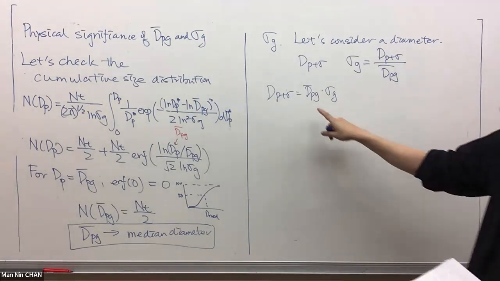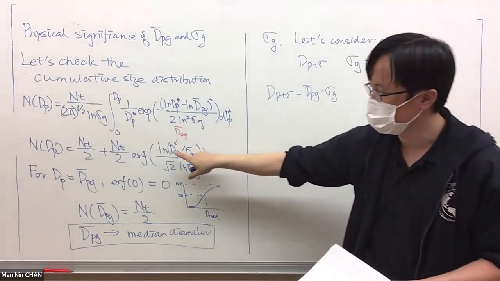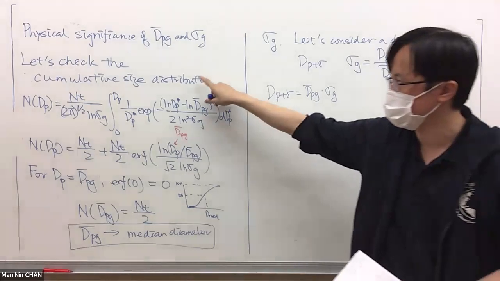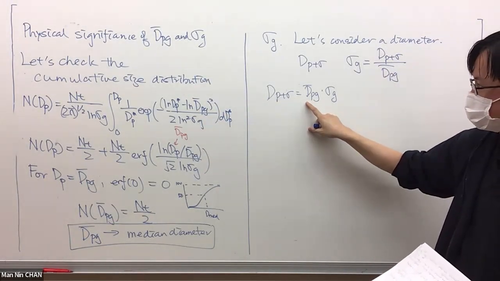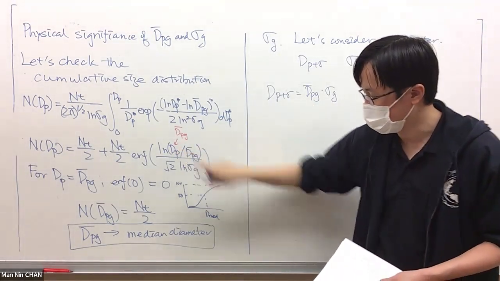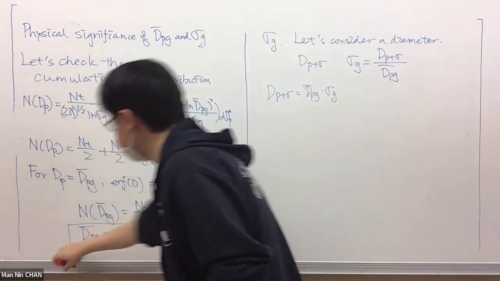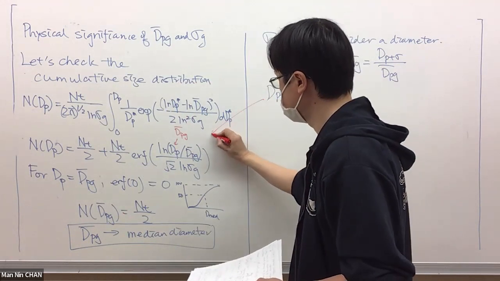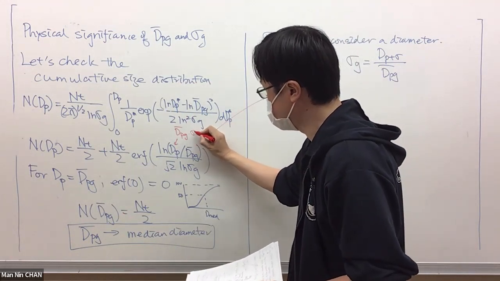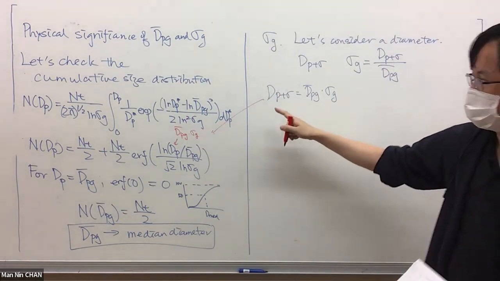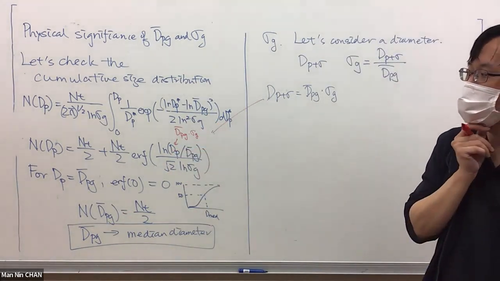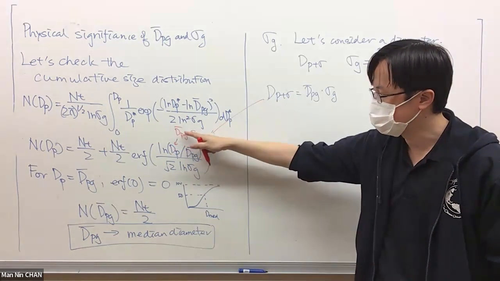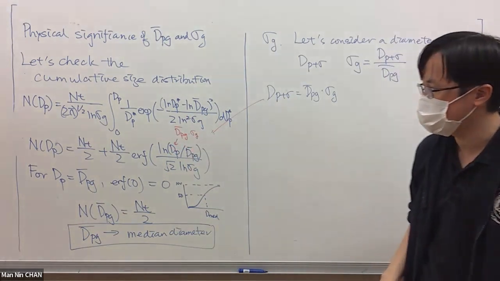What we can do now is substitute into the cumulative size distribution function. If you put this into this term, you need to have times sigma g, because I substitute this into this term. So now your dp becomes your median diameter times sigma g.